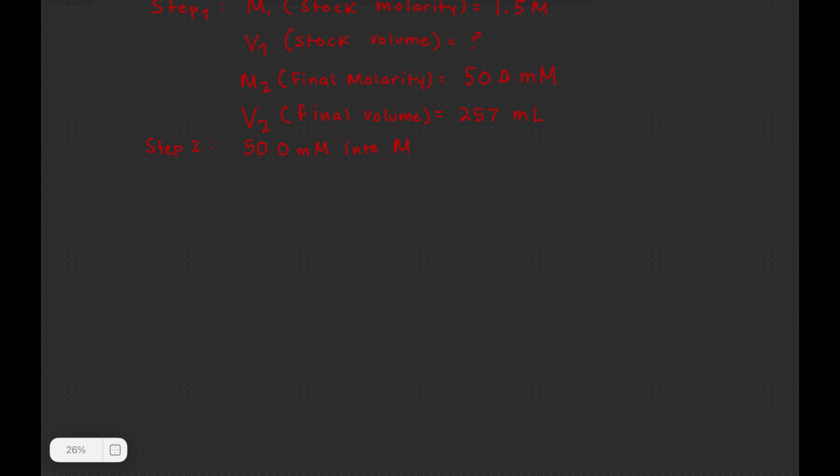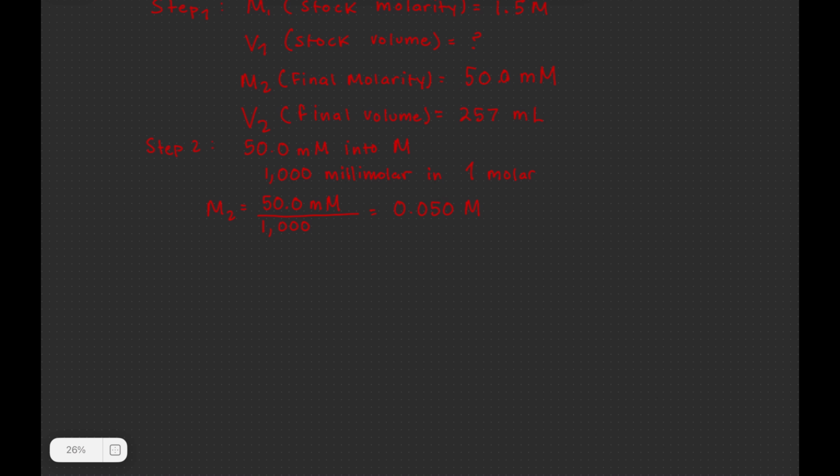Since milli means 1,000, there are 1,000 millimolar in 1 molar. So let's put this in, so millimolar over 1,000. And we're going to divide that through, and we get 0.05 molar.